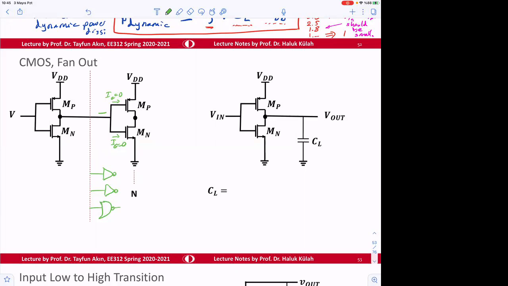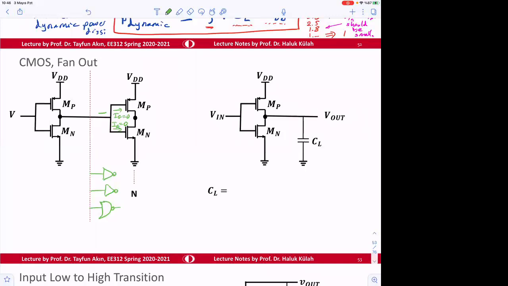The capacitances will be adding up and then will create a delay. So maybe I should do this. IG is equal to 0.